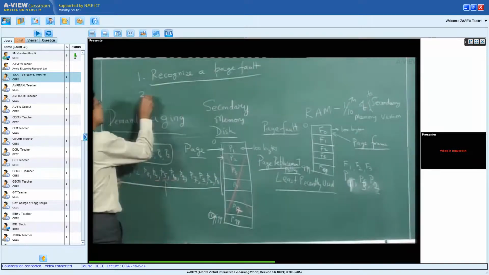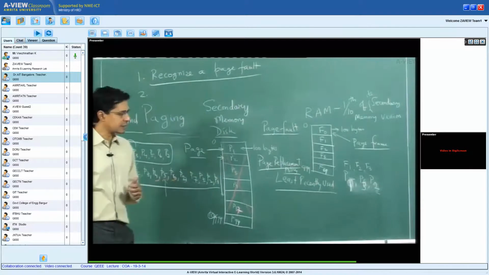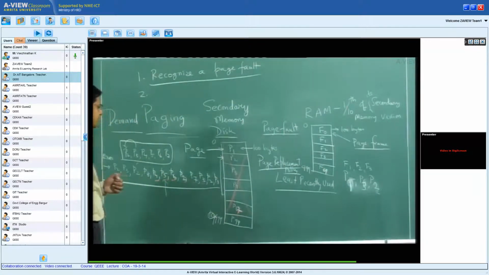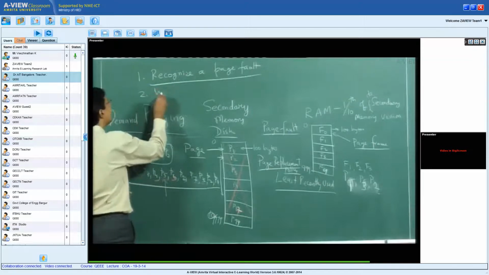The point number 2 that we need to do is, when a page is present, where is the page loaded?